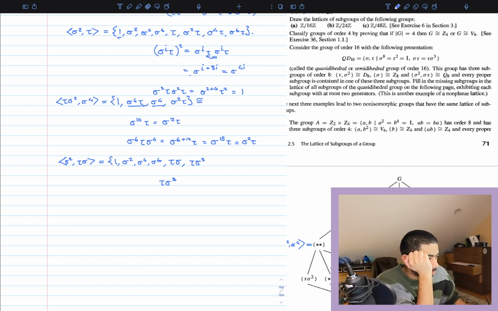What happens if we square it? So tau sigma cubed times tau sigma cubed. What is this? If we swap these two, we get tau squared sigma to the 12, which once again is sigma to the 4.